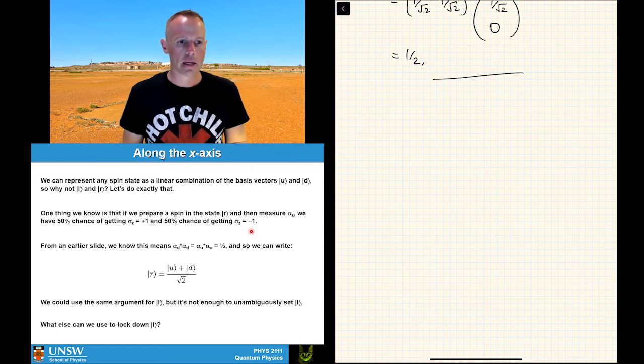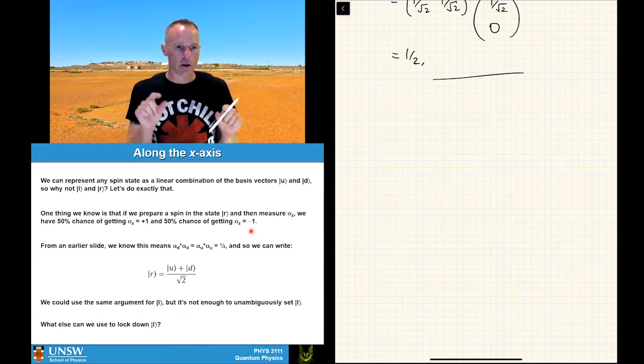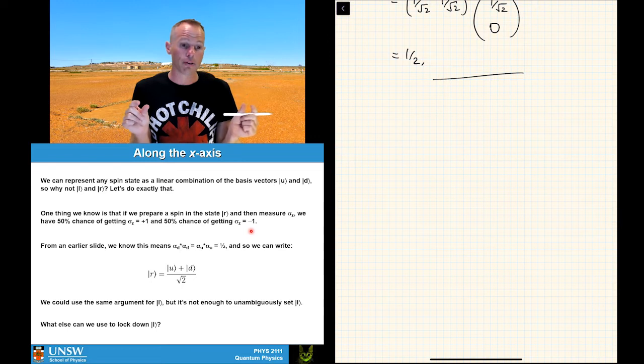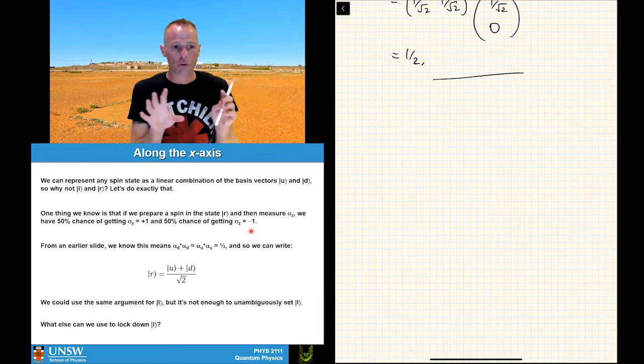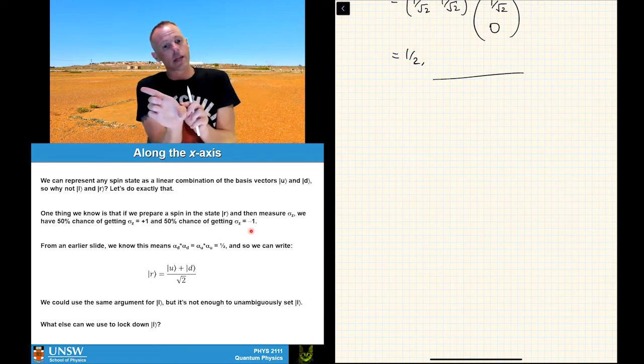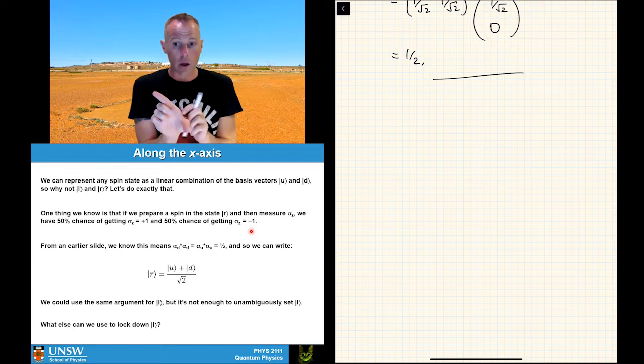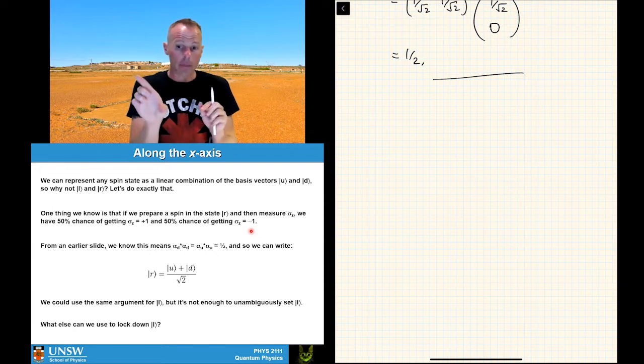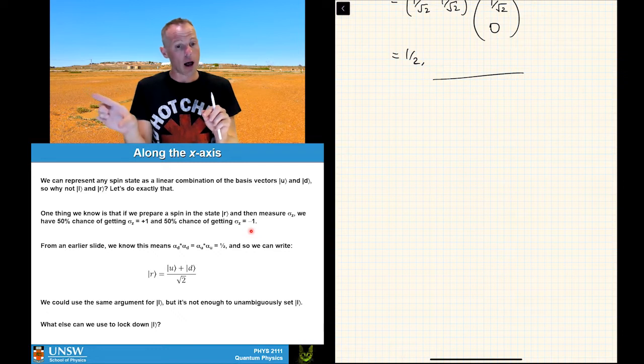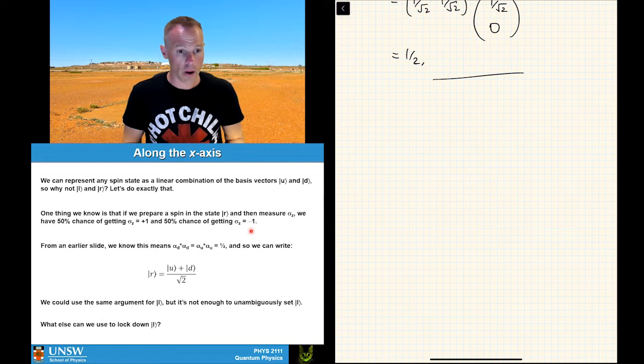So what that means is that the probability of up is a half, the probability of down is a half, and if we think in terms of the arbitrary state vector described by alpha u and alpha d in the first half of the talk, what that means is alpha u times its conjugate is equal to a half, and alpha d times its conjugate is equal to a half as well, right?